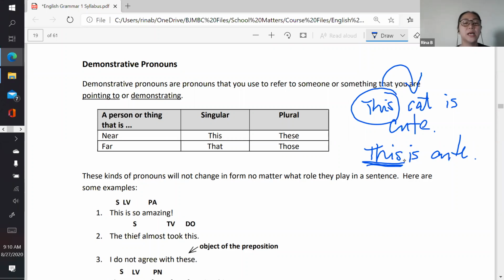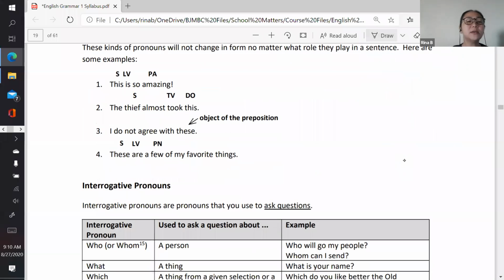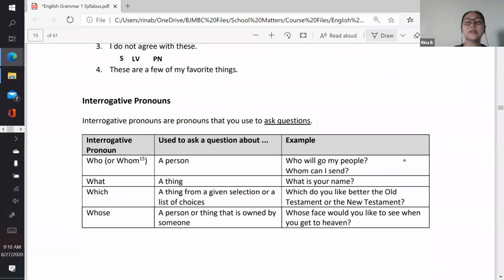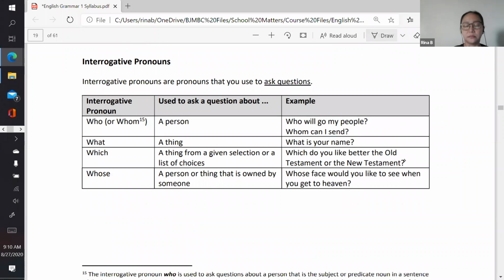And then we talked about interrogative pronouns. Of course, the question words act as pronouns because the antecedent will be the answer. For most of the interrogative pronouns, there's no subjective versus objective form except for the pronoun who.